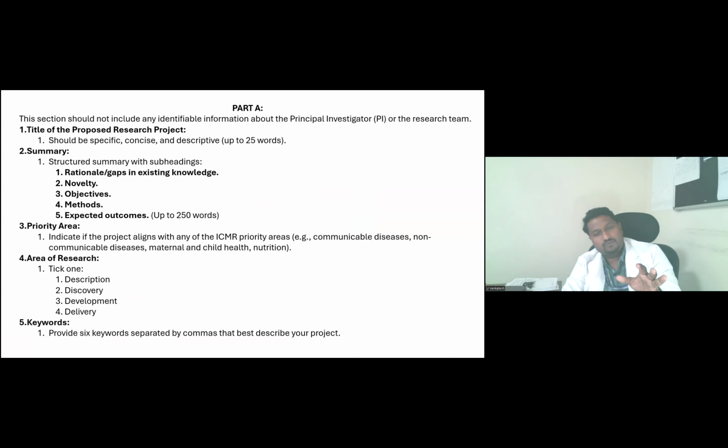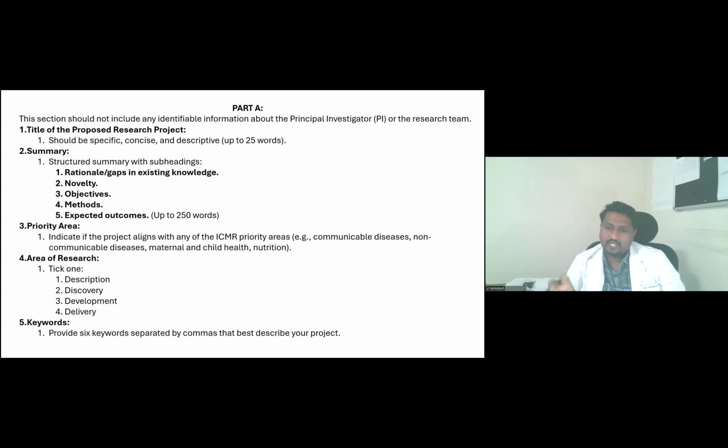You need to take care of certain small pre-designed questions. For example, the title of the proposed research project should be specific, concise, and descriptive. This is what we discussed earlier. It should be up to 25 words, even if you try for fewer words. Then the summary: you try to fill this at the end of the proposal. You write something and try to reframe this at the end of the proposal.